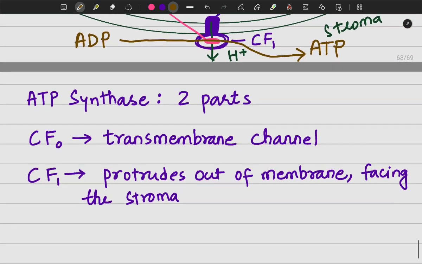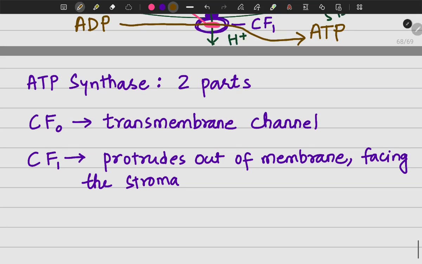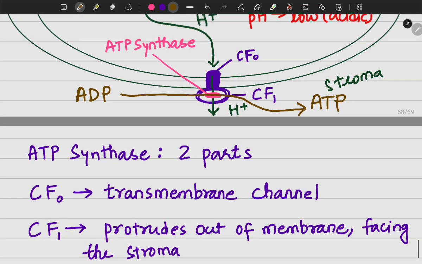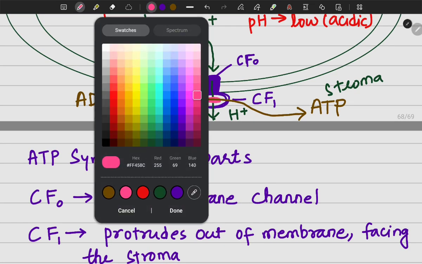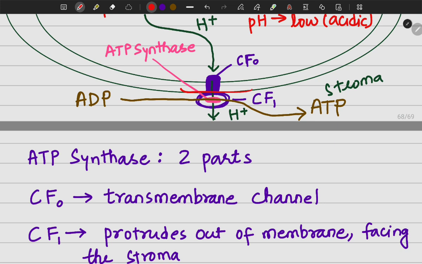This enzyme has two parts, the CF0, which is a transmembrane channel embedded inside the membrane of the thylakoid, and the other part protrudes out of the membrane, which is the CF1, and it has the ATP synthase enzyme. CF1 faces the stroma. Now this protein complex, the F1 F0 complex, will help in breaking down the proton gradient.